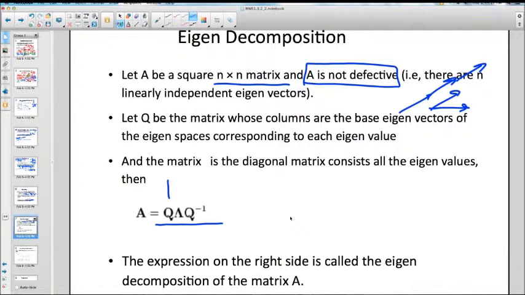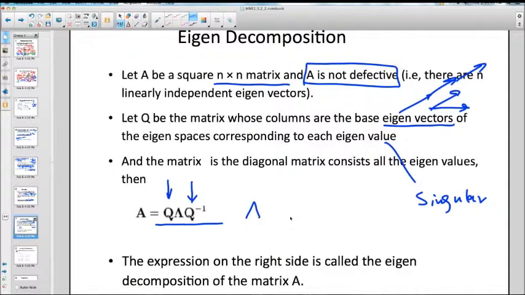If it is not defective, you can always write it in this form. Q is a square matrix made by all the eigenvectors. The reason I wanted it to be linearly independent is because I wanted this Q inverse to exist. In another word, this Q is not going to be singular because they are independent. What is in the middle?